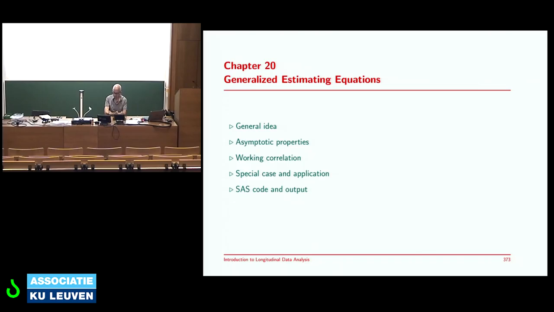And think back of the toenail data set. In the toenail data set, I wouldn't want to deal with all these higher order correlations. What I want to do there is I want to make inferences about beta 3 is equal to 0. And that will then lead me into generalized estimating equations.